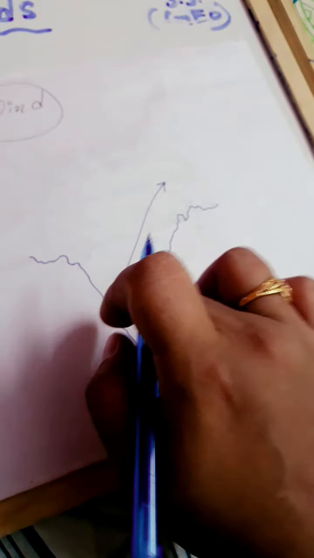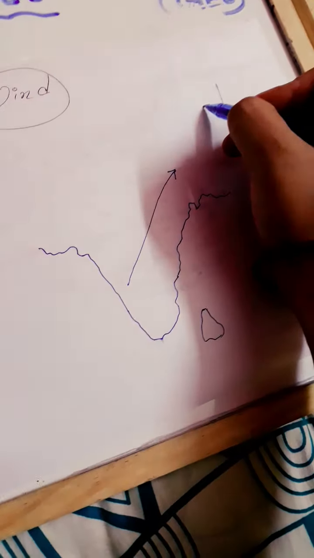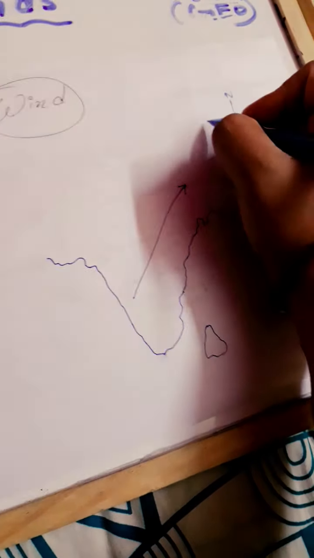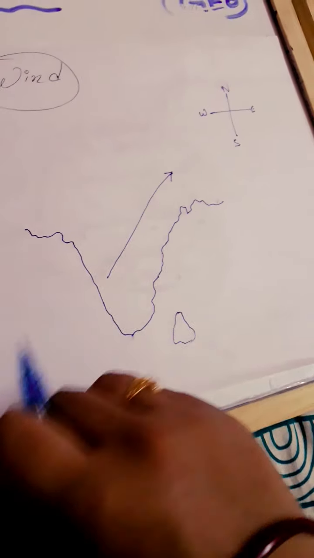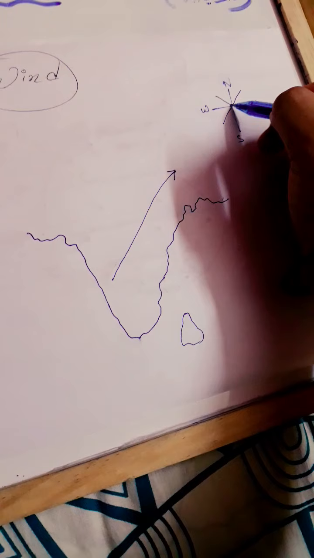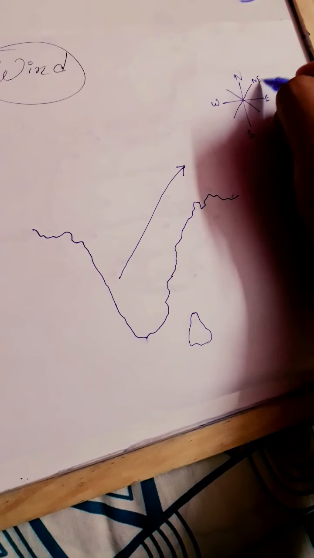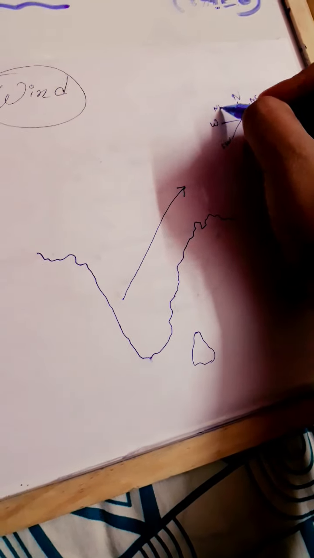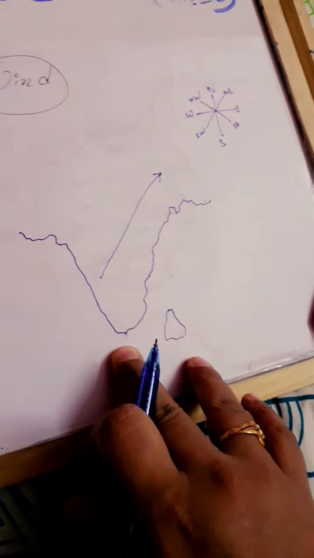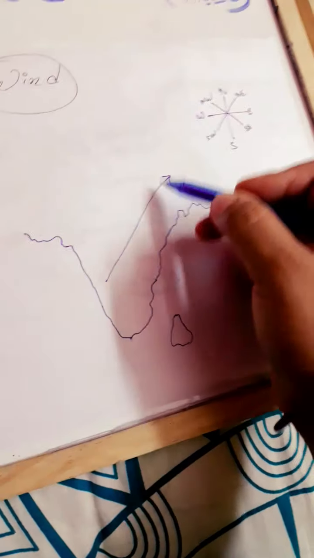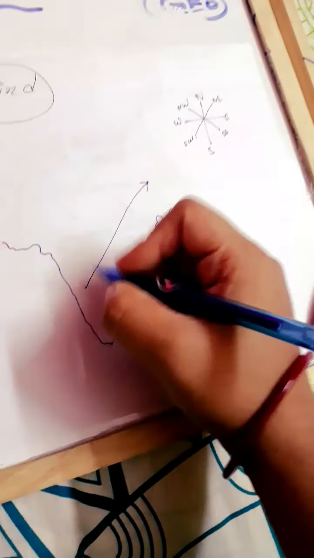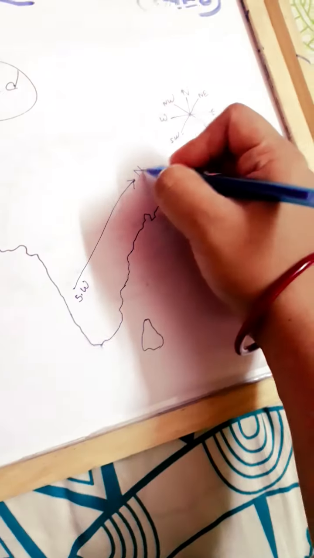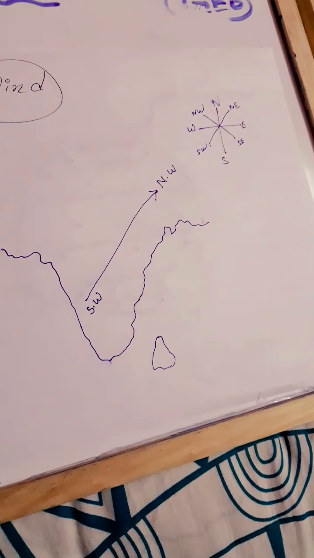This is the southwestern side, because you know there are four main directions: north, south, east, west, and also some intermediate directions, known as northeast, southeast, southwest, northwest. So if the winds are blown from this side to this side, the winds are blowing from southwestern sides to northeastern sides, right?